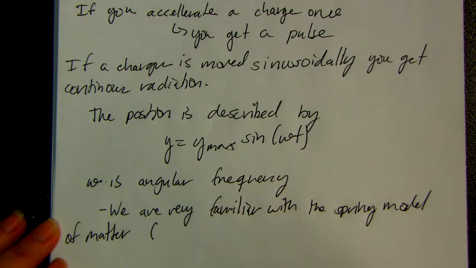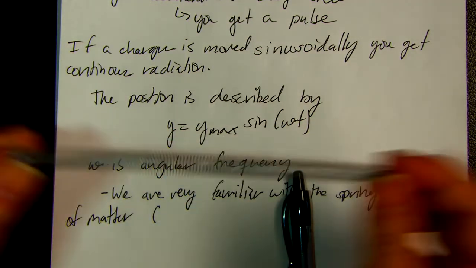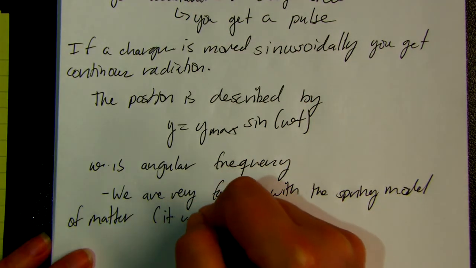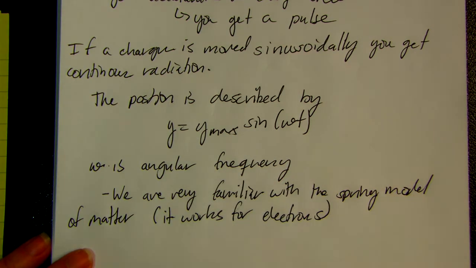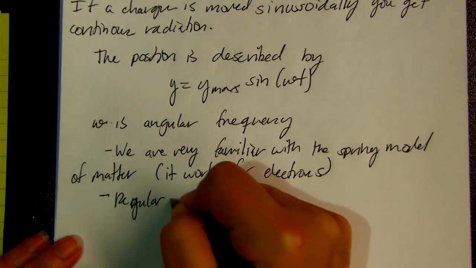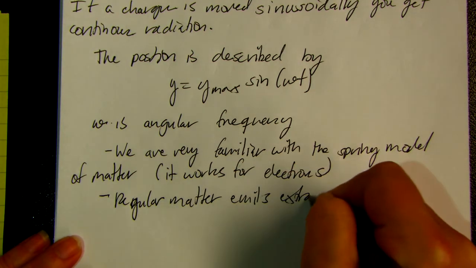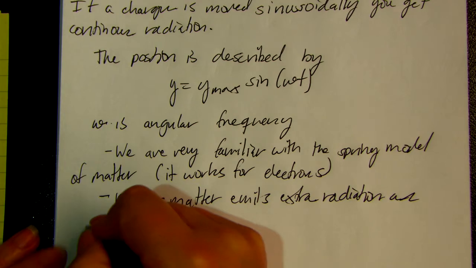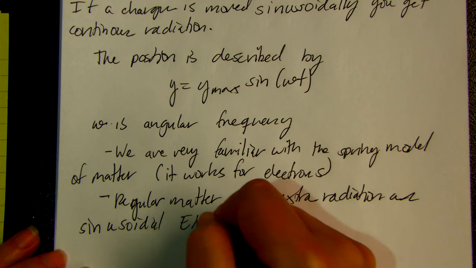So we know we've got all of this vibrating matter around. And this idea also works for electrons as well. And so regular matter emits extra radiation as sinusoidal electromagnetic radiation.